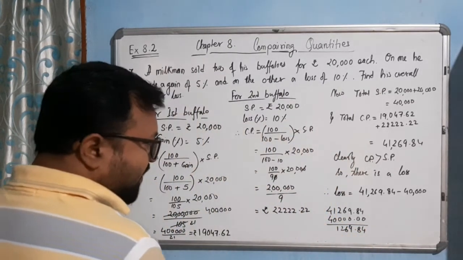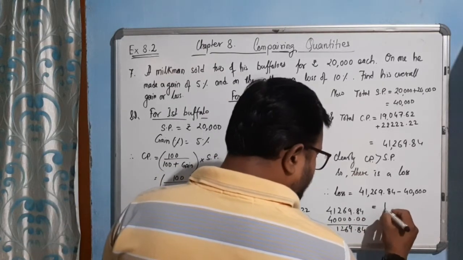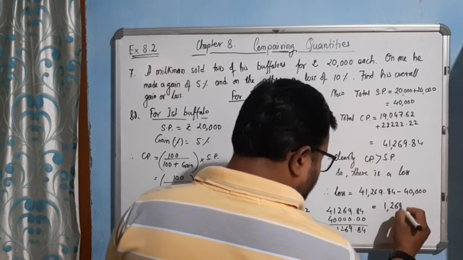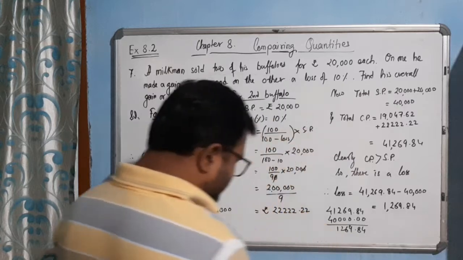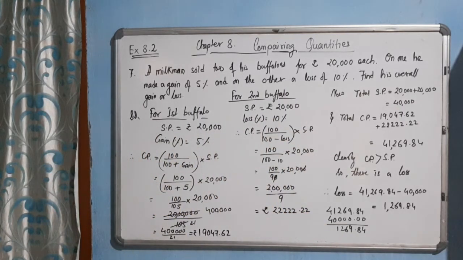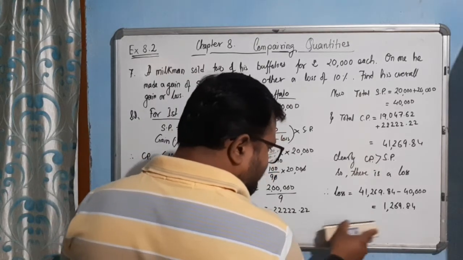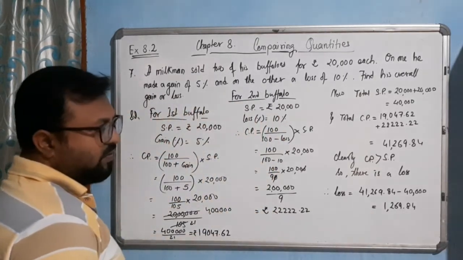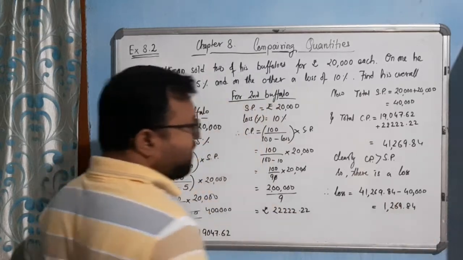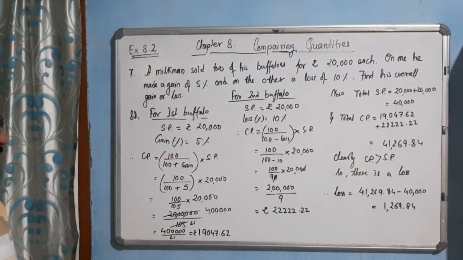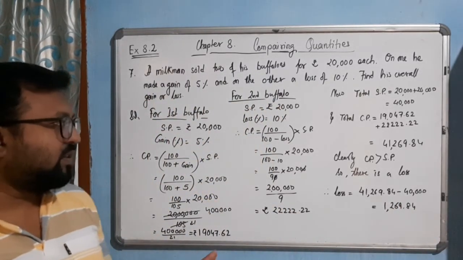It's very simple. So we get 1,269.84 paise. So he made a loss of 1,269.84 paise. I hope you have understood this part.